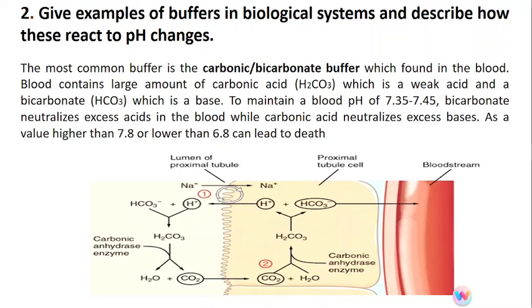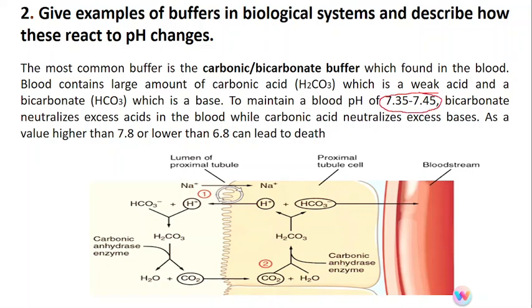Next, give examples of buffers in biological systems and describe how these react to pH changes. So, let me just read the answer. The most common buffer is the carbonic or bicarbonate buffer, which is found in the blood. Blood contains a large amount of carbonic acid, which is a weak acid, and bicarbonate, which is the base, to maintain the blood pH of 7.35 to 7.45.